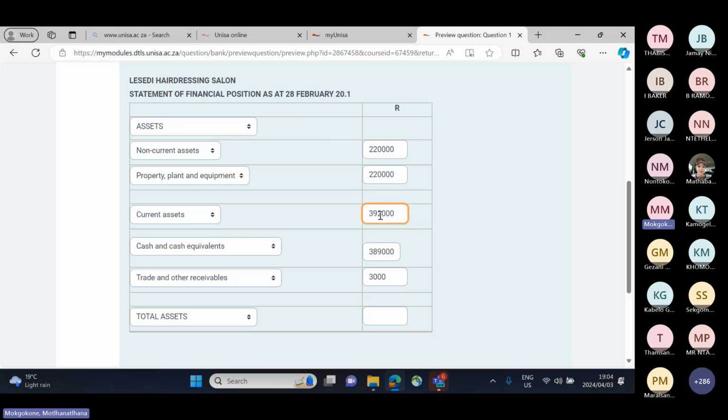If you add 392,000 plus 220,000, they will give you 612,000. This is our, sorry, not here, our total assets, because it's 220 plus 392, which is 612.